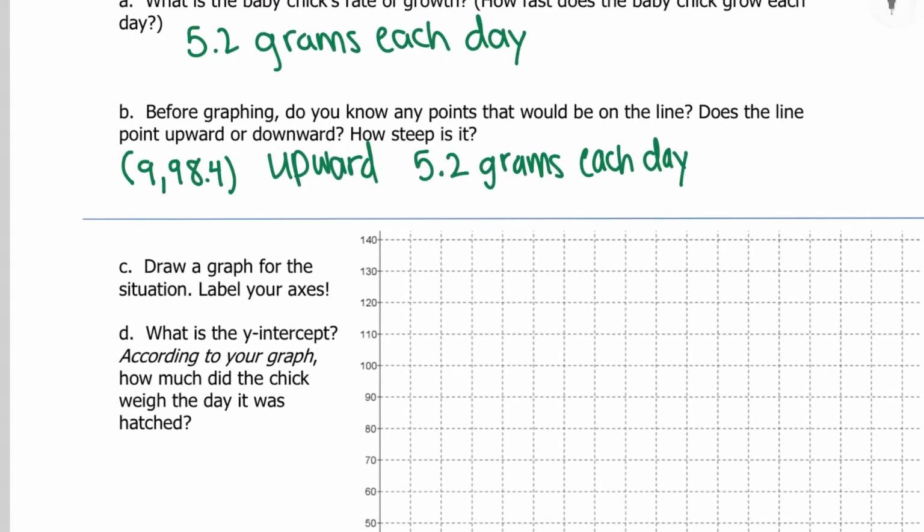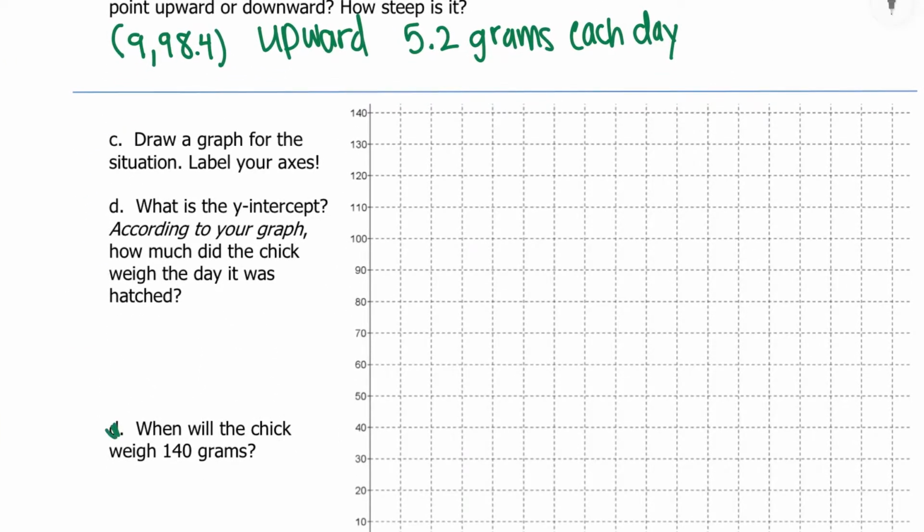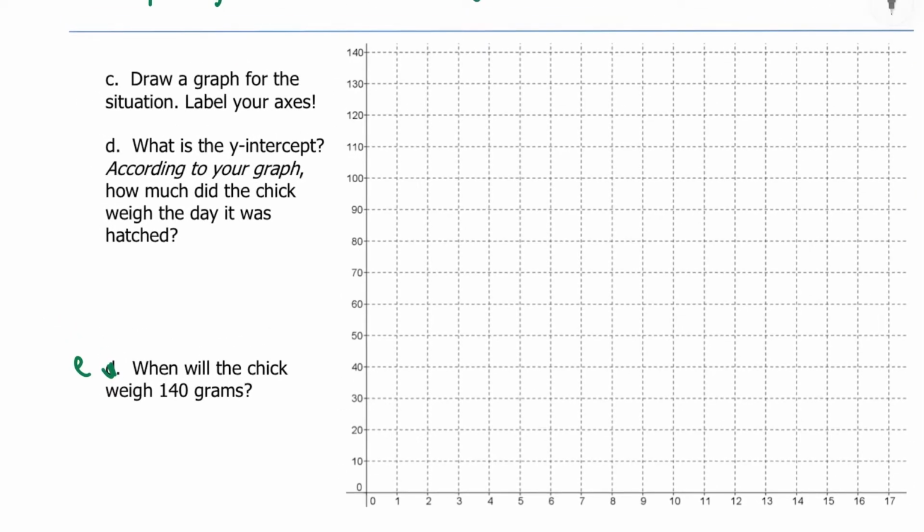All right, so now we're going to actually graph this. It says draw a graph for the situation, label the axes. So on the bottom, that's going to be time in days. That's independent. And then on the y-axis, it's going to be weight in grams.